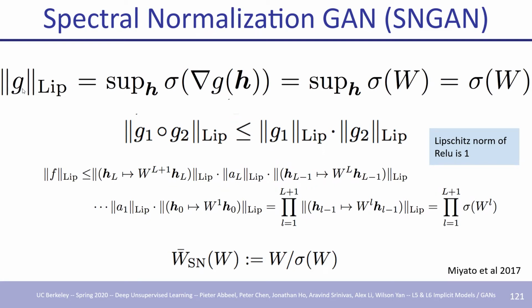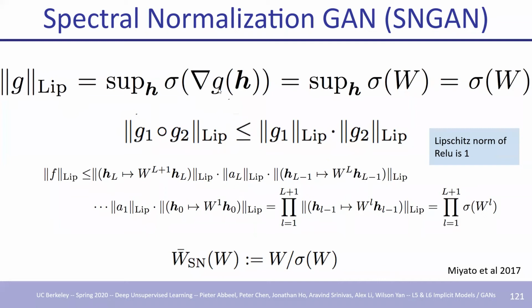Okay, so let's look at this part. What is going on here? So this function g that takes from one layer to the other, the Lipschitz norm of it is the spectral norm of the gradient, right?